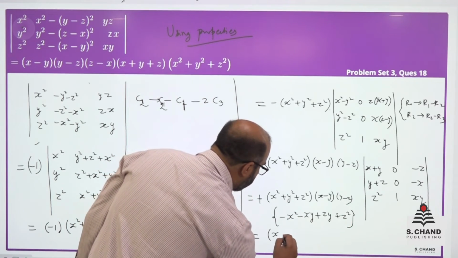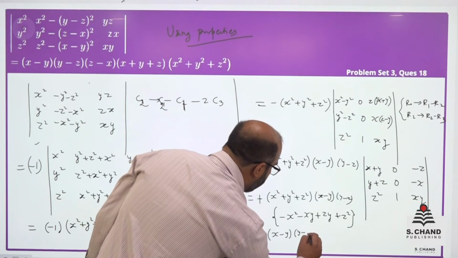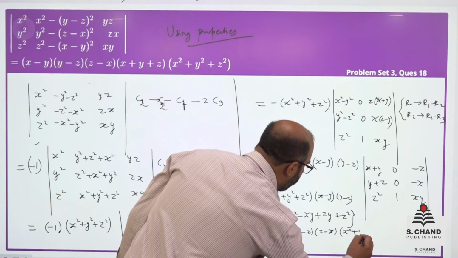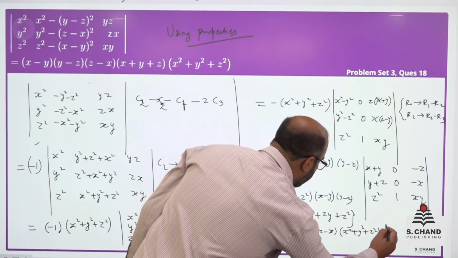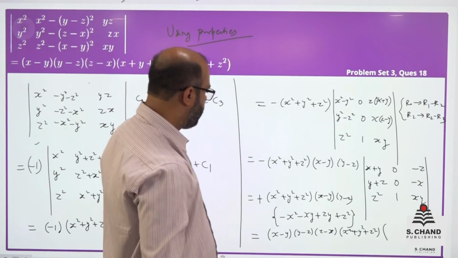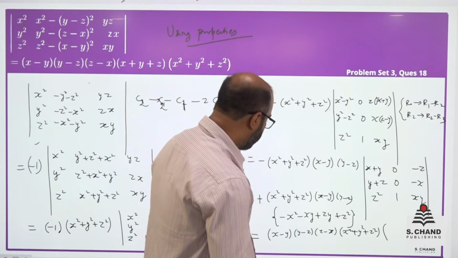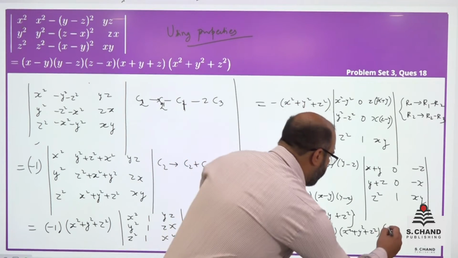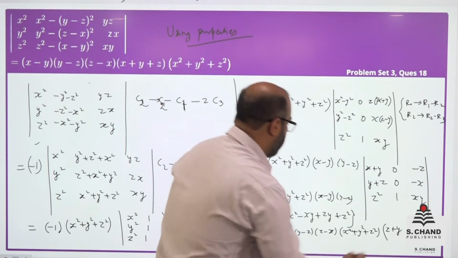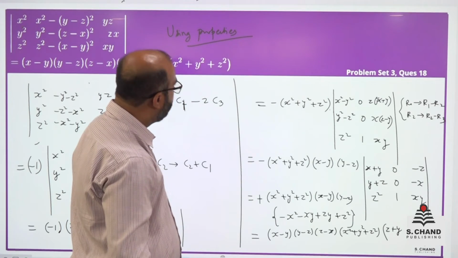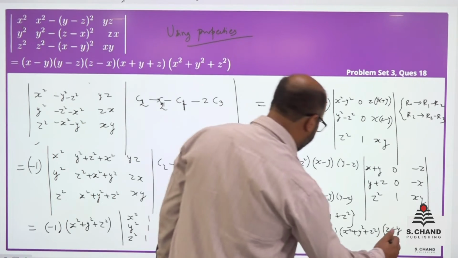So x minus y, y minus z, z minus x into x square plus y square plus z square, and z minus x, so z plus y, z plus y is there, as you have taken z common, and minus y is also common, so plus x.